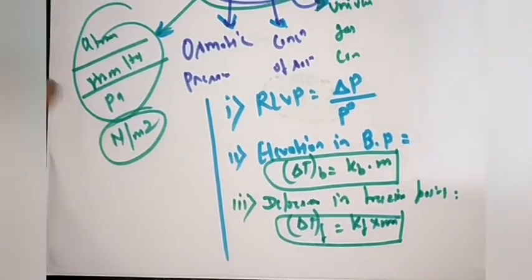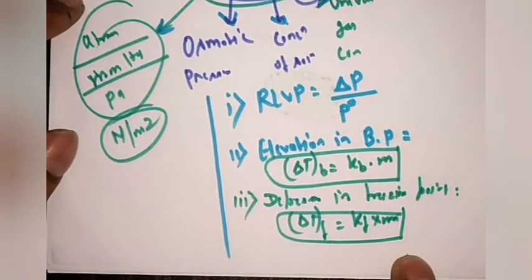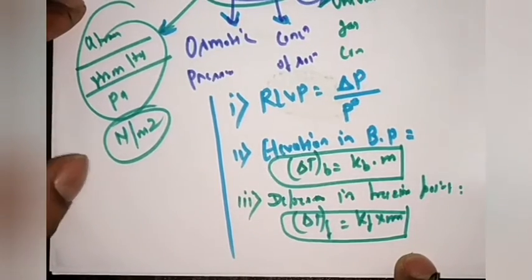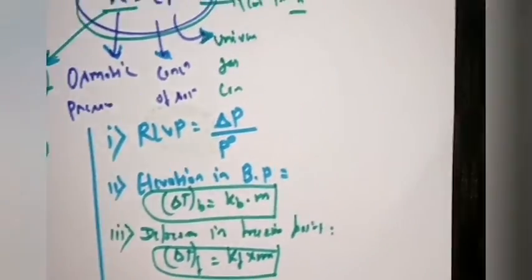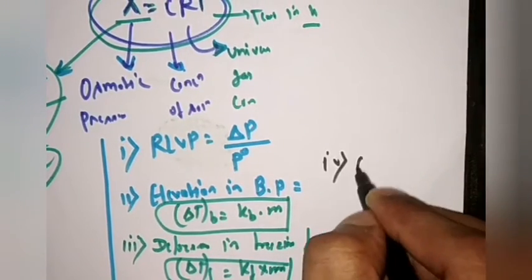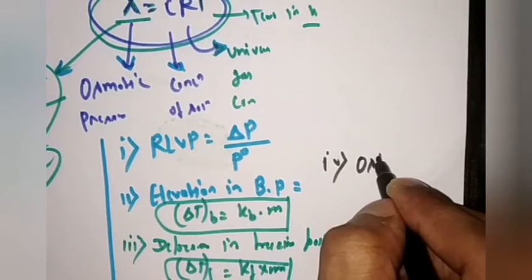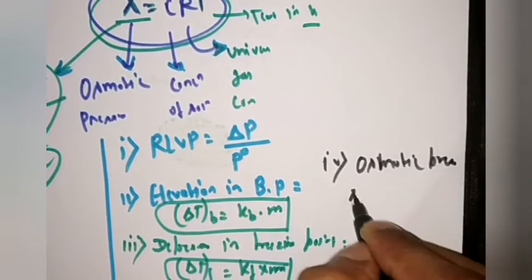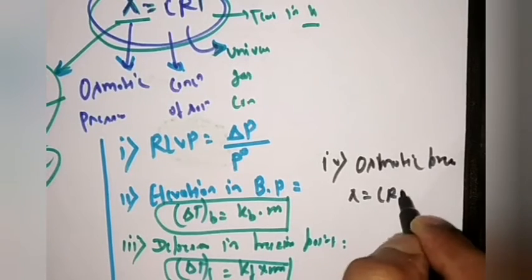We call Kf the cryoscopic constant, and Kb the ebullioscopic constant or molal elevation constant, and Kf the molal depression constant. The fourth colligative property that I discussed today is osmotic pressure, and that osmotic pressure pi equals CRT.